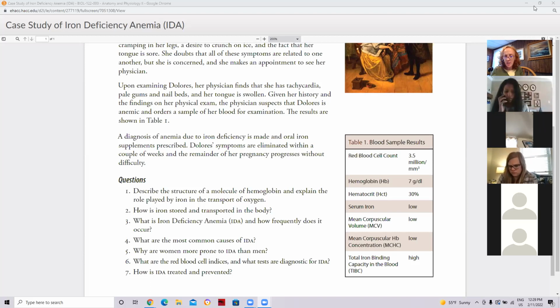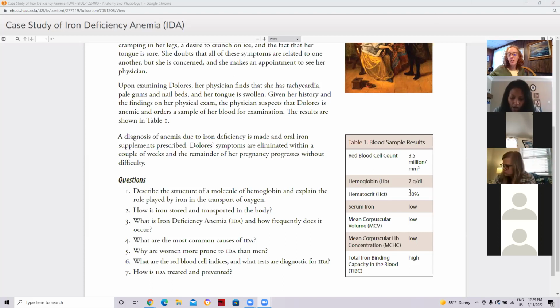And her mean corpuscular volume is low. Her mean corpuscular hemoglobin concentration, MCHC, is low. Her iron capacity is high.